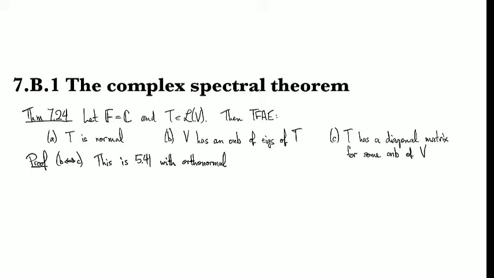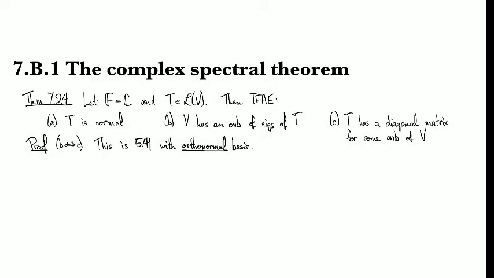But in that theorem, it's the same basis that gets used for each one. So if we just add the requirement that both of them be orthonormal, then B and C just follows by the fact that we're using an orthonormal basis in either direction that we're proving it. So there's nothing really to prove there.